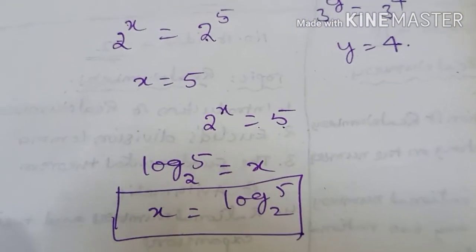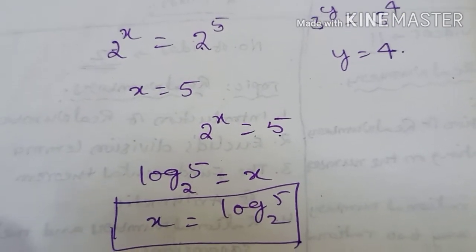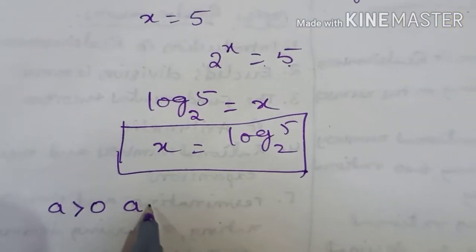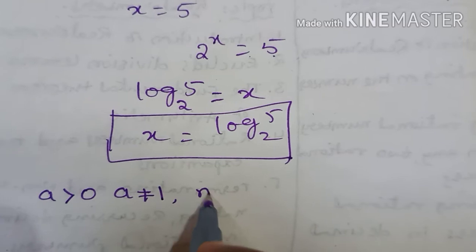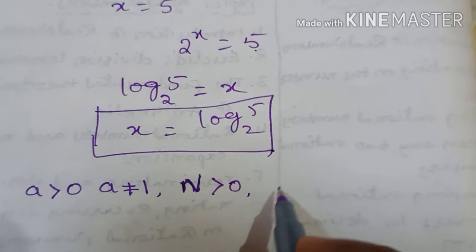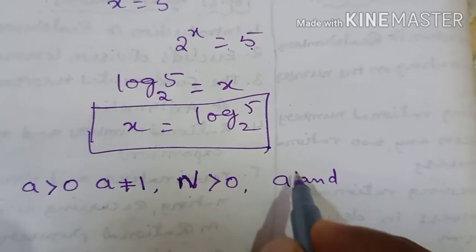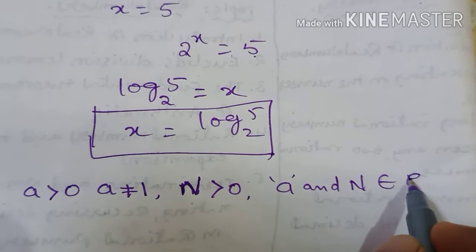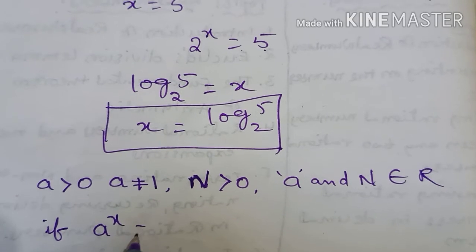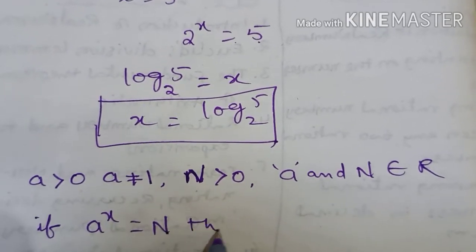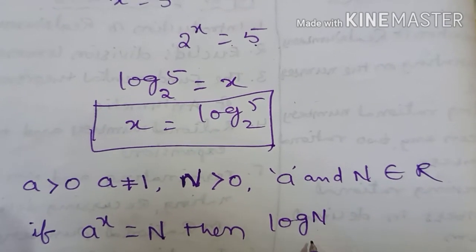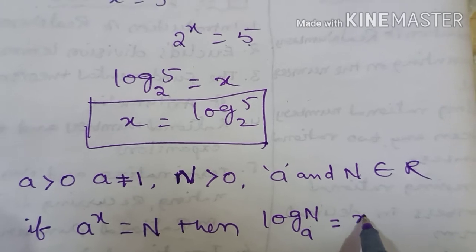So the definition of logarithms: if a is greater than 0 and a is not equal to 1, and n, capital N, is greater than 0, where a and n are real numbers, if a to the power of x is equal to n, then we can write it as log n base a is equal to x.